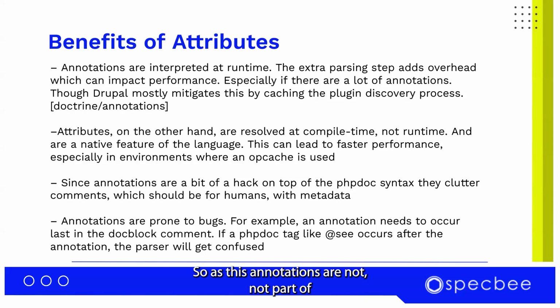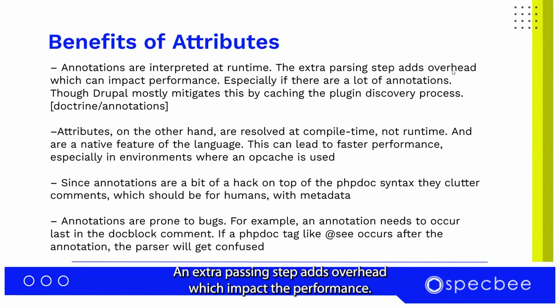As these annotations are not part of the PHP language, they will be executed during runtime. So it will take some additional time to execute your script and to register your plugins into the registry system. So annotations are interpreted at runtime.